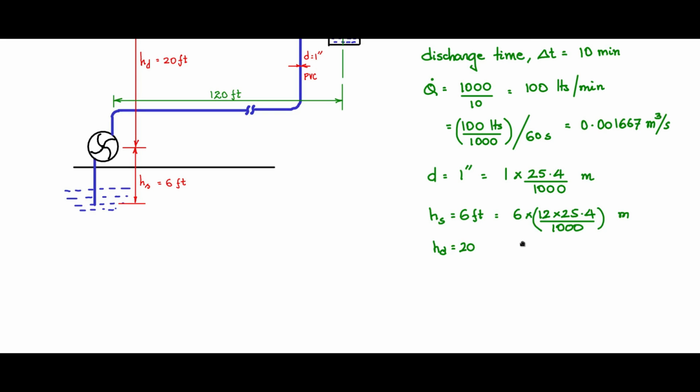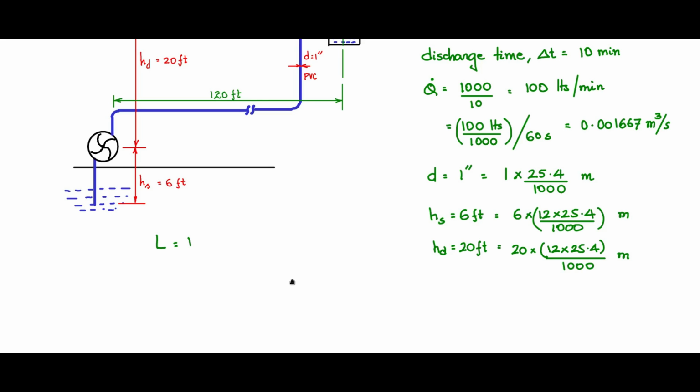Then the delivery head, 20 feet, is 20 into 12 into 25.4 by 1000 in meter, because each foot contains 12 inches and each of that inch contains 25.4 mm by 1000, and therefore the conversion to meters.